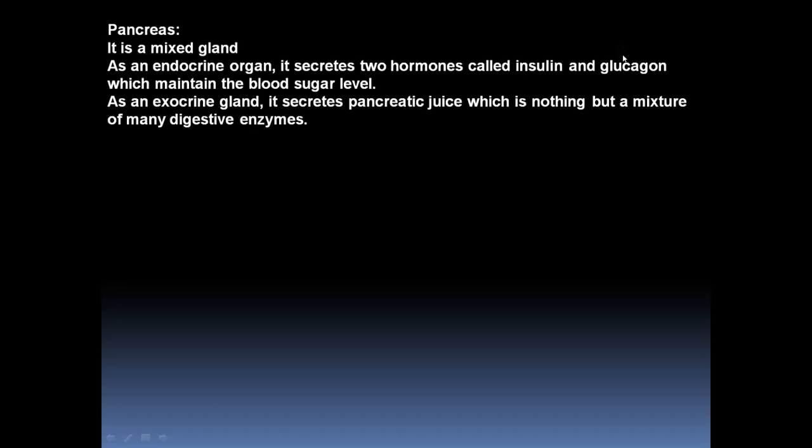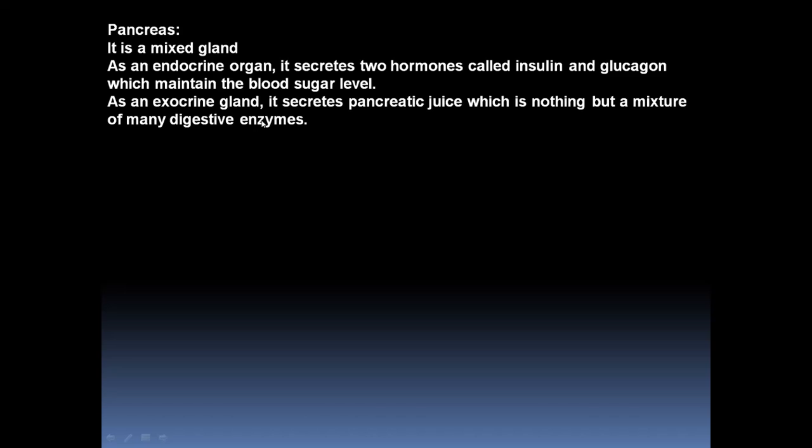For glycogen to get converted into glucose, this hormone called glucagon is very essential. So glucagon helps in conversion of glycogen back to glucose. That you will be learning in your higher classes. Insulin and glucagon are the two important hormones that help to maintain the blood sugar level.